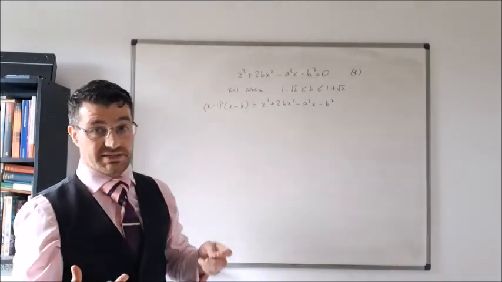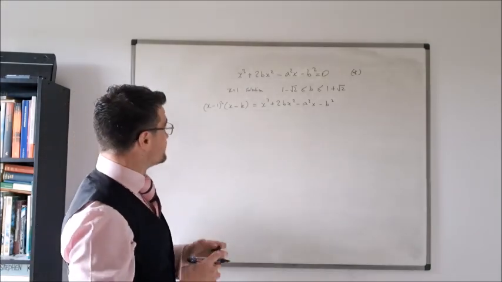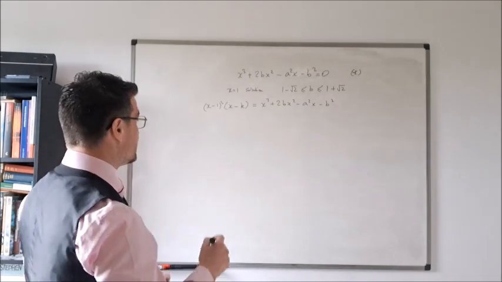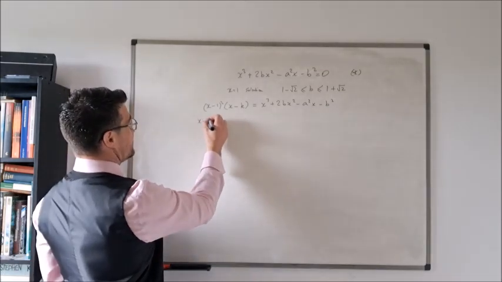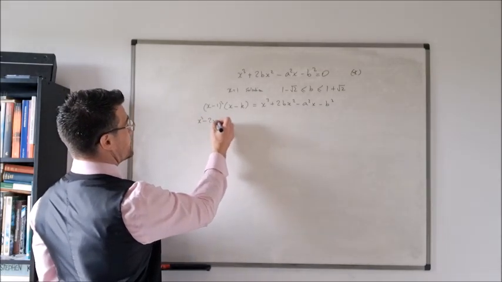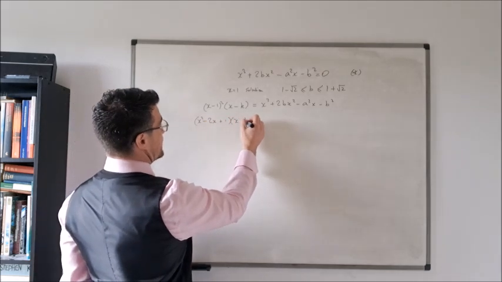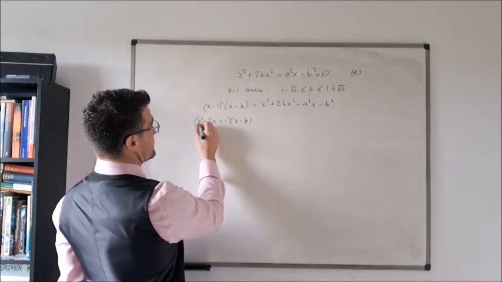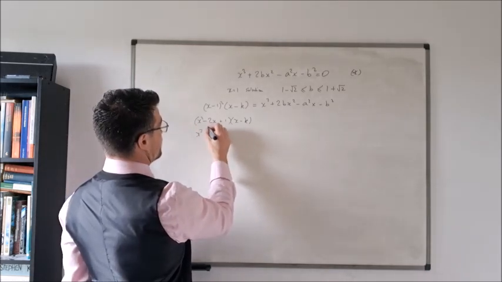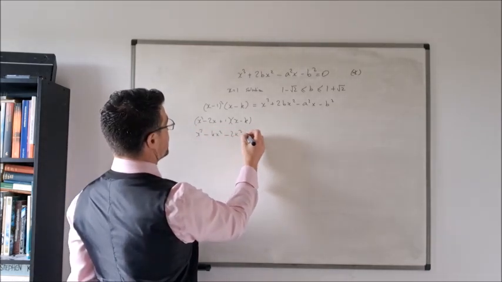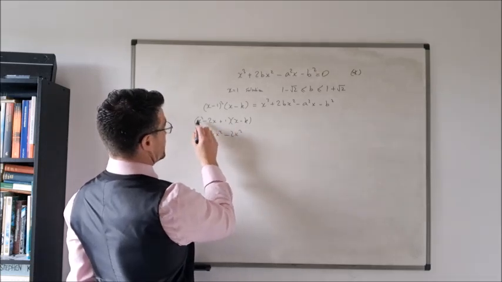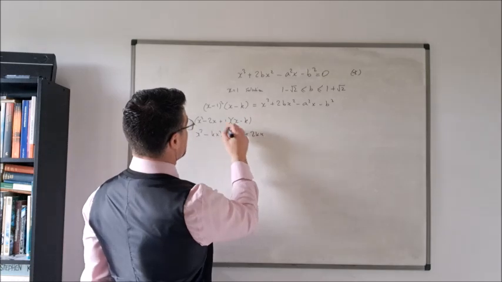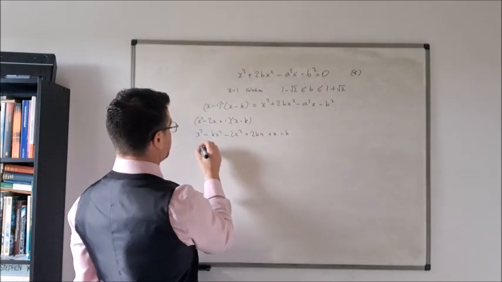If expanding out brackets gives you the willies, then, well, you're going to have to get over that, I'm afraid. So you get x squared minus 2x plus 1 times x minus k, and therefore we get x cubed minus kx squared minus 2x squared plus 2kx plus x minus k.